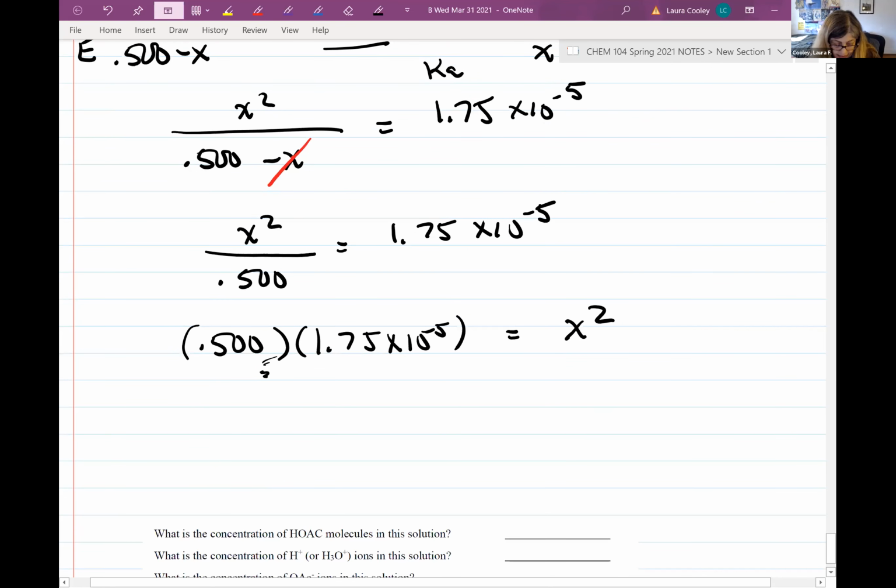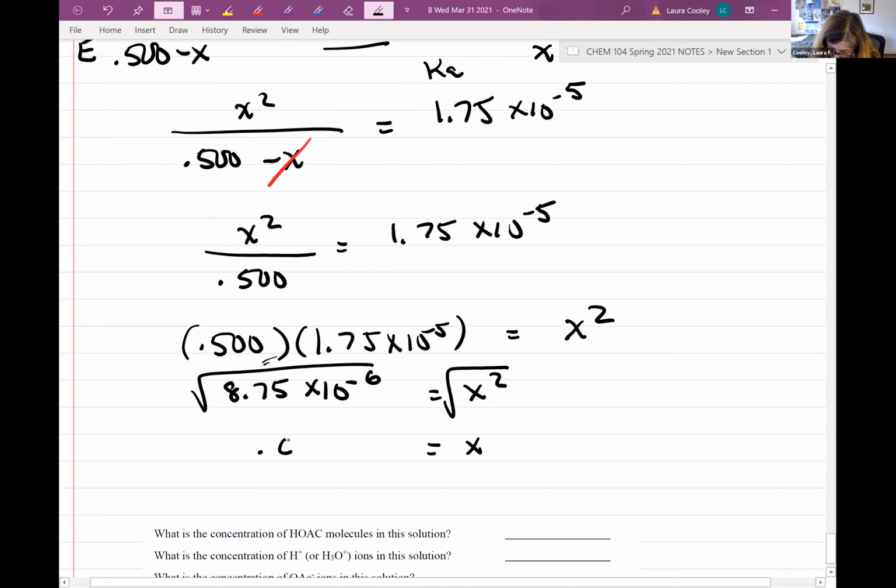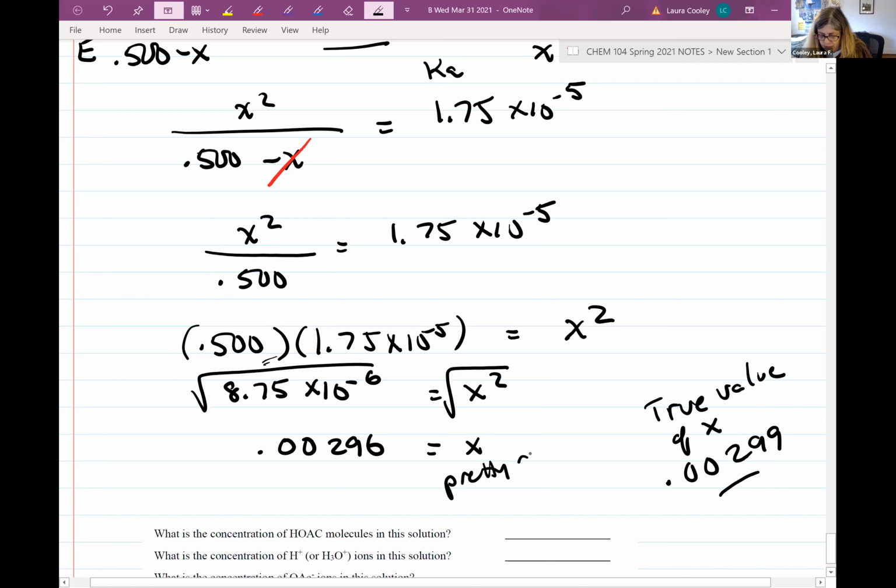And we end up with, if we multiply these two together, 8.75 times 10 to the negative 6th equals X squared. And just take the square root of both sides. You end up with X is 0.00296. So remember the true value of X from solving the quadratic is 0.00299. So this is pretty close.